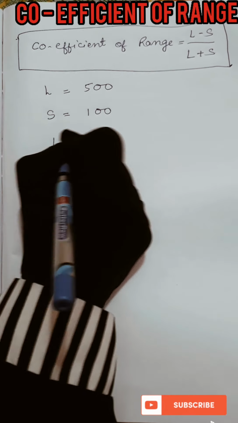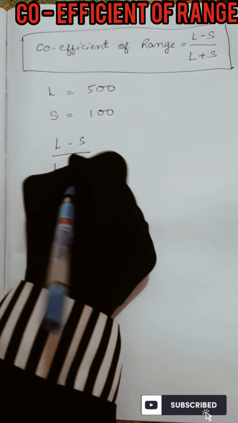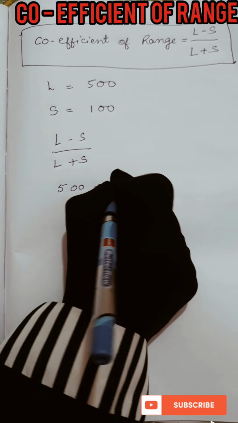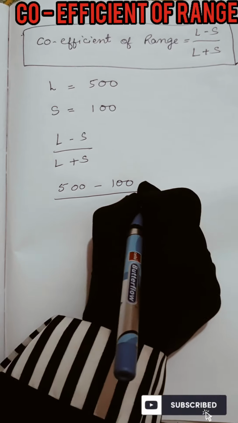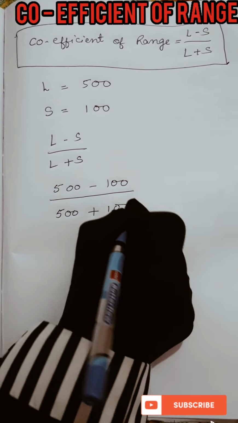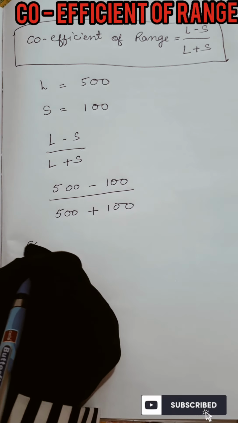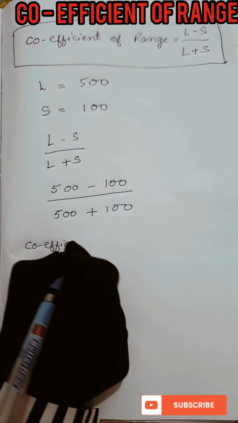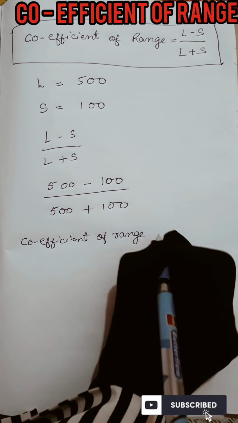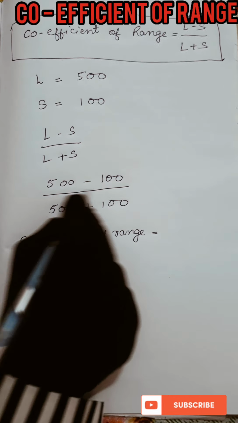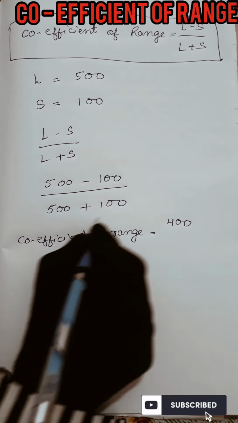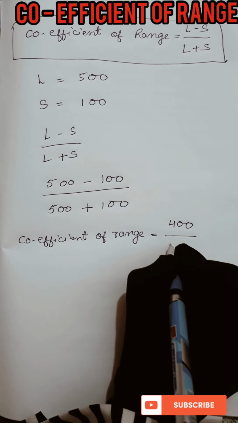Apply these numbers in the formula L minus S, L plus S. Coefficient of range is equals to 500 minus 100 over L plus S, 500 plus 100. 500 minus 100 will get 400, and divided by 500 plus 100. 500 plus 100 will get 600.